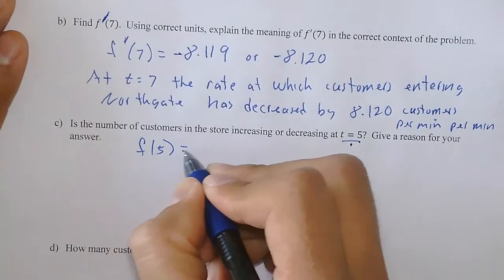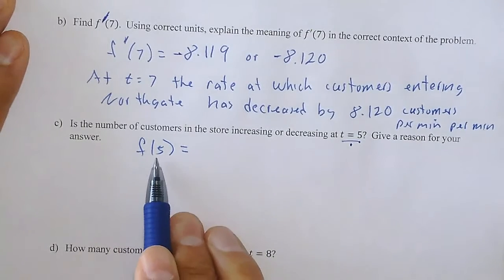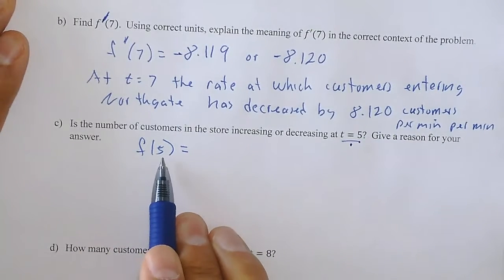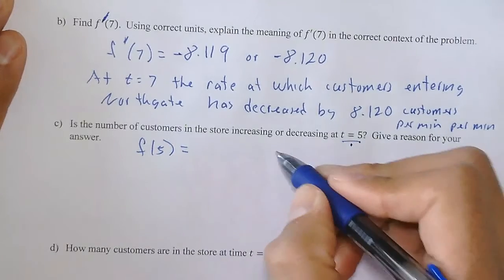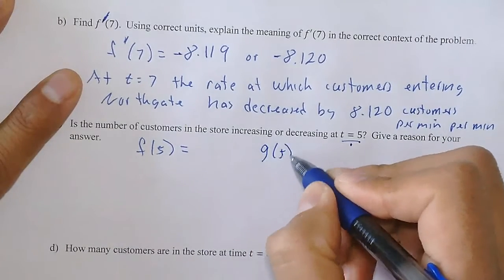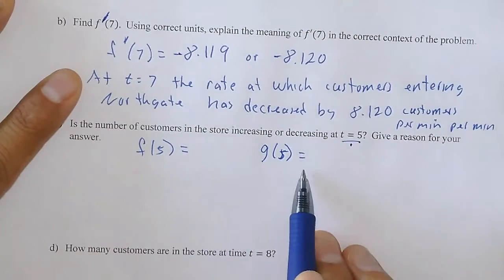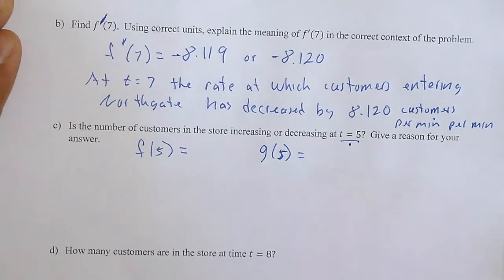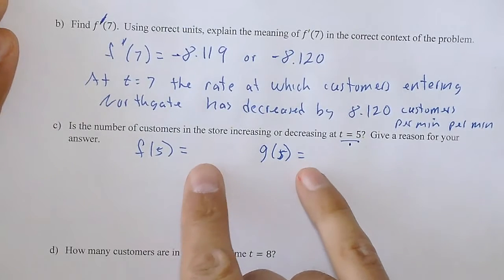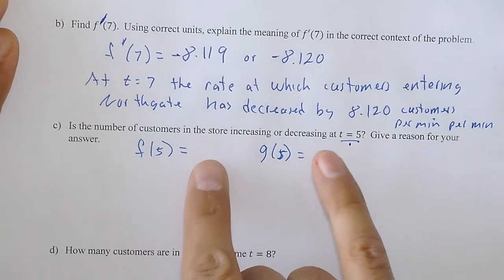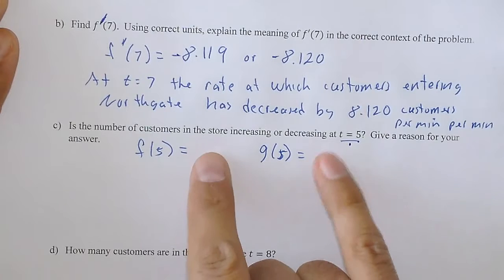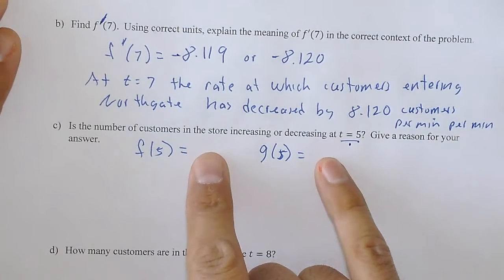So I'm going to ask you to evaluate that f of 5 in my calculator. I could evaluate the function. I don't have to go to my table. I could. I'm not going to. I'm going to go alpha f4 and parentheses 5. And that will evaluate that equation at 5.